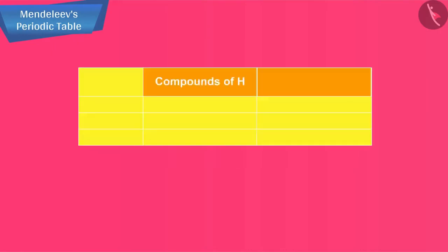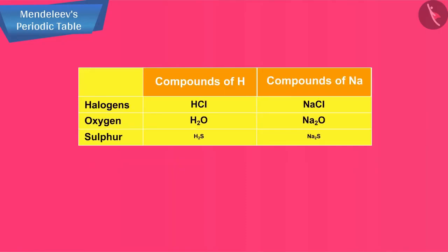Electronic configuration of hydrogen resembles that of alkali metals. Like alkali metals, hydrogen combines with halogens, oxygen and sulfur to form compounds having similar formulae as shown in the examples here.